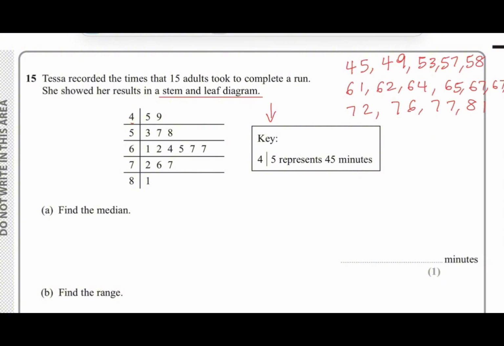So part A says to find the median. We know that the median is the middle number. I've got the numbers written out here, but we're going to try it with the stem and leaf diagram, and then we'll try it with the numbers I've written out just to make sure you fully understand. If we are taking out the median, it means the middle number, so we could just cross out numbers from the first and the last and then just keep going in that way.